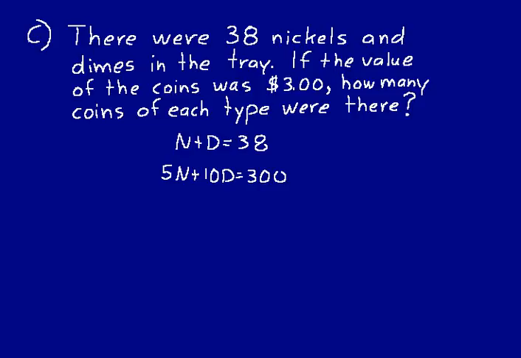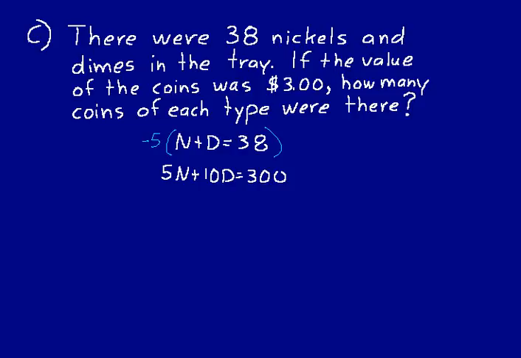Now, let's go ahead and use elimination this time to solve this system of equations. We could use substitution, but it doesn't really matter. Either way, as long as we get the right answer. I'm going to multiply everything by -5, and that'll get rid of all of the n's.